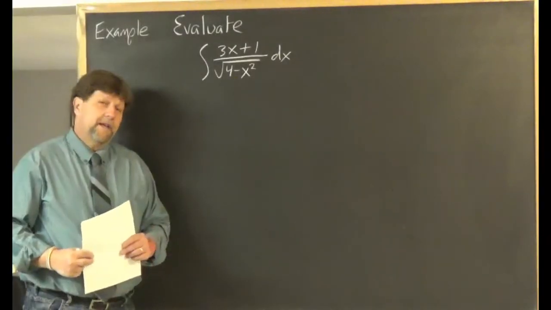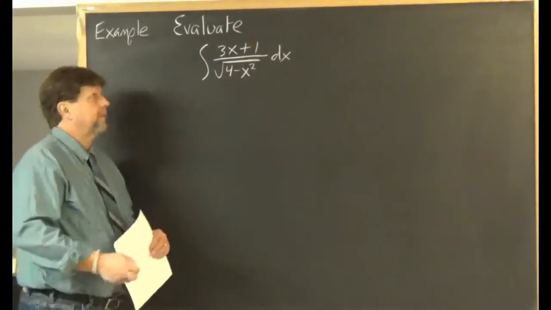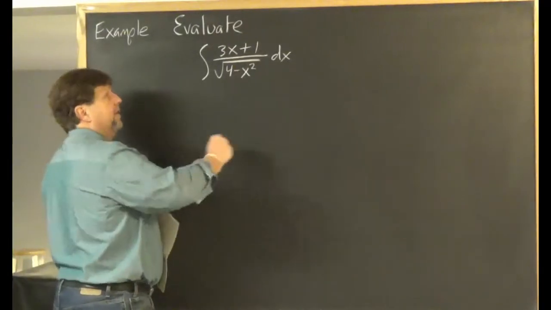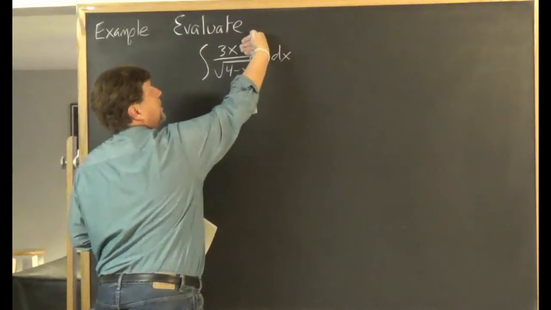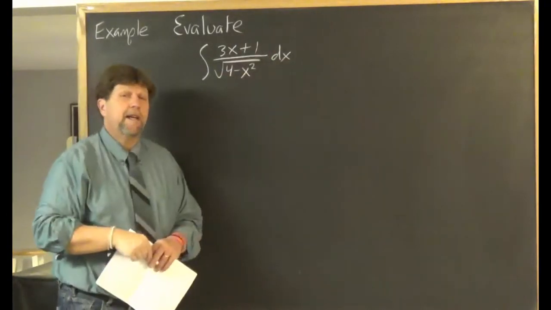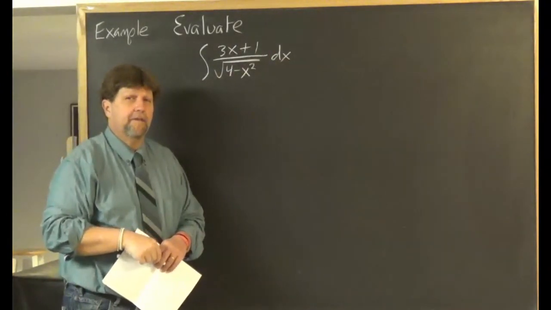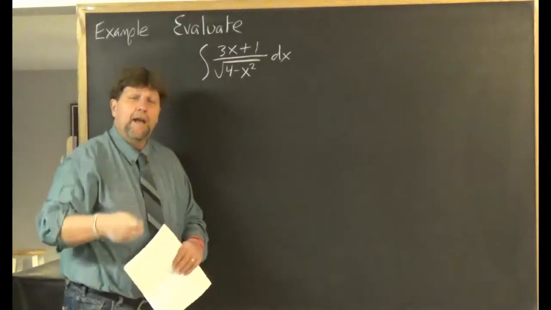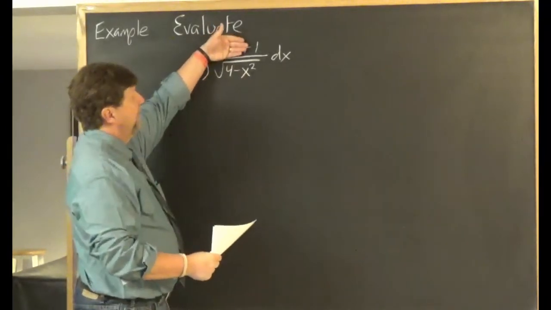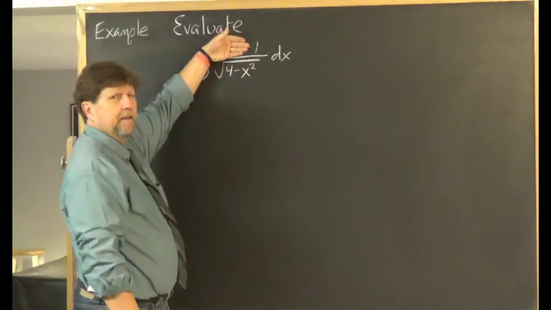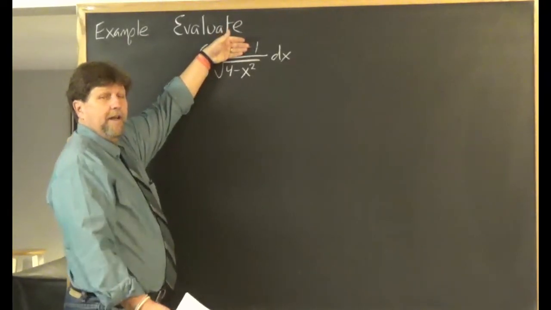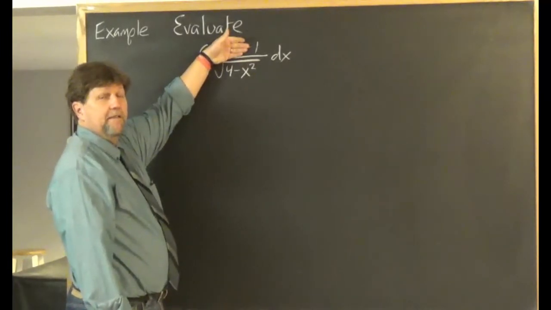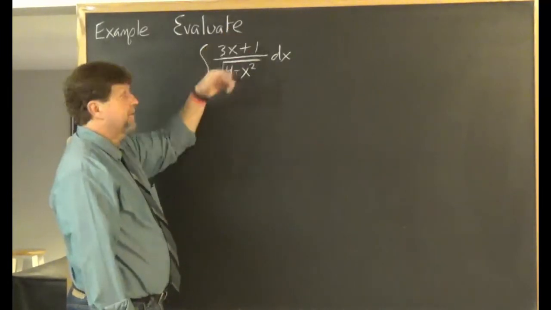All right, in this one here, here's what I'm noticing. If the plus 1 weren't there in the numerator, a basic u sub would take care of the antiderivative. Likewise, if the 3x weren't in the numerator, it's just 1 over square root 4 minus x squared, and I recognize that as involving inverse sine.